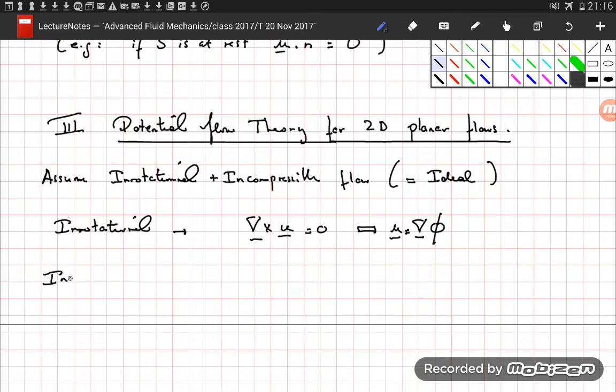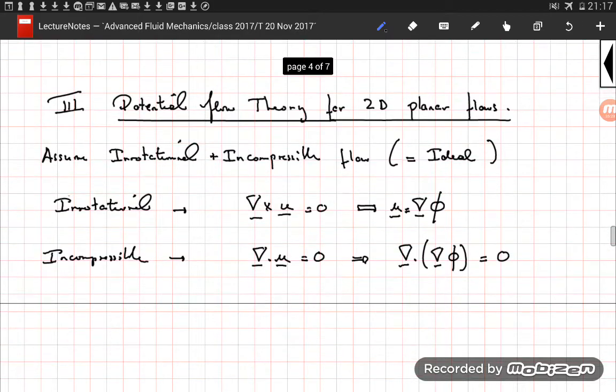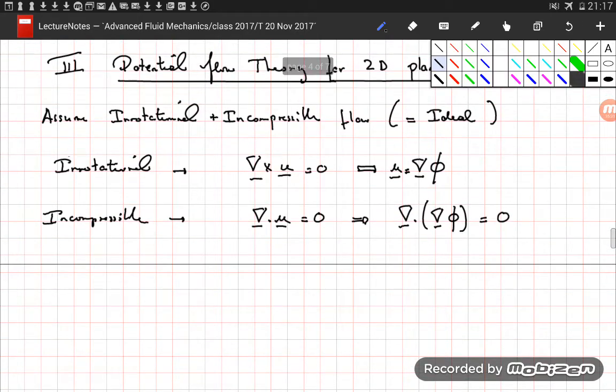And if on top of that the flow is incompressible, then that means that the divergence of u is equal to 0. And therefore, if we combine the two, then we have the divergence of u, which is the gradient of phi, equal to 0, and the divergence of the gradient is the Laplacian of phi, equal to 0.